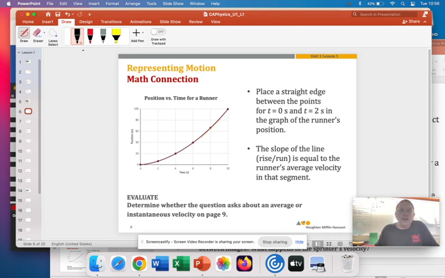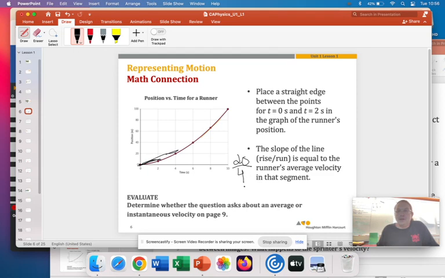So let's see, I'm not sure how to do straight lines, but I'll try my best. So this would be rise over run. So an easier way would be where it intersects a line, and I would say the rise here is 20 and the run is 4.